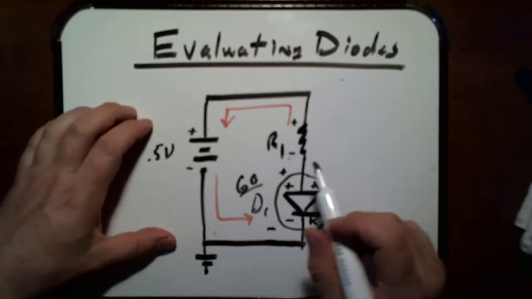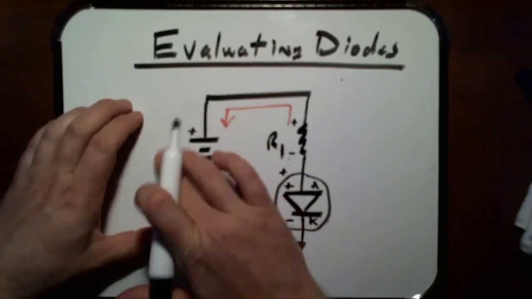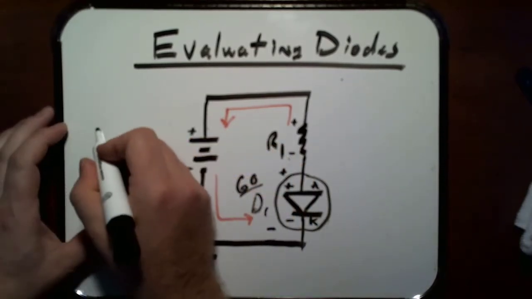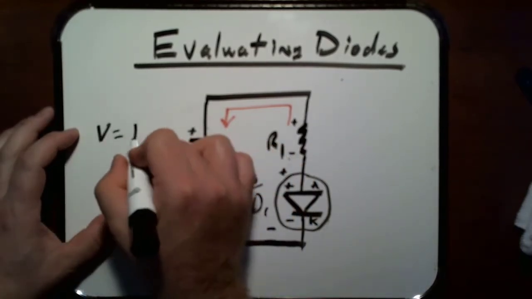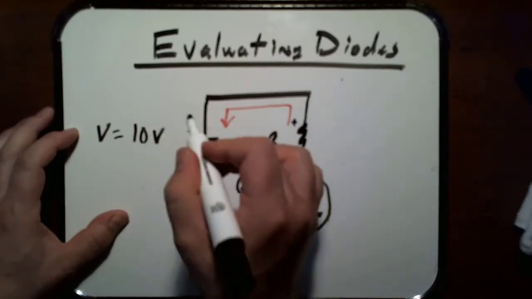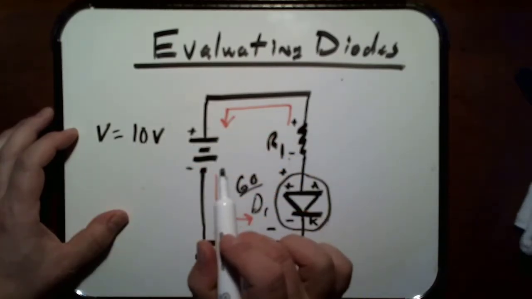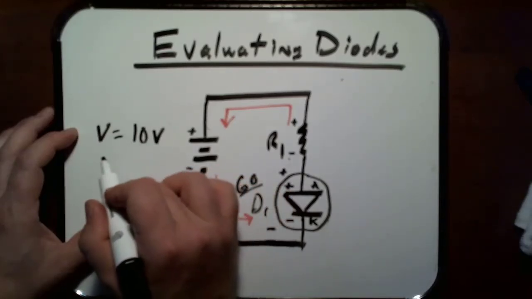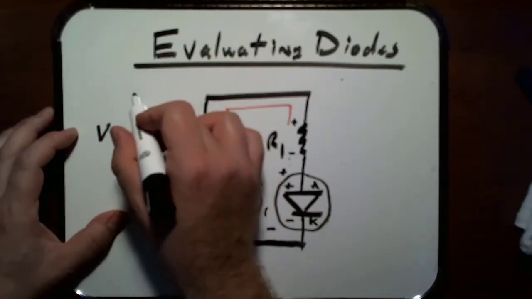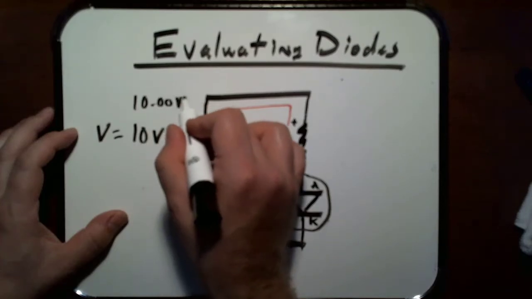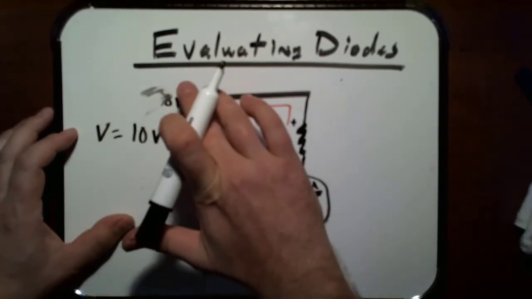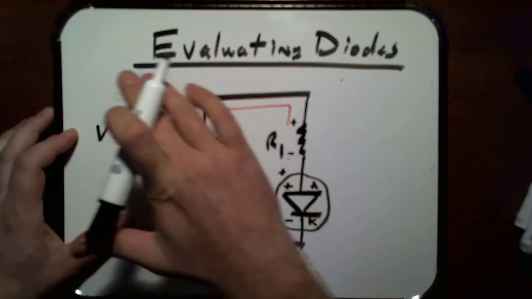Okay, so let's give our battery 10 volts this time. Just because I don't have the room on this little whiteboard, I'm going to say 10 volts, but I always want you to say 10.00 VDC. I want you to use proper engineering notation on the assignments that you give me.